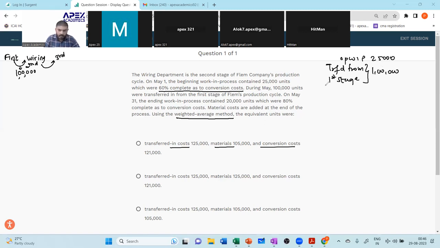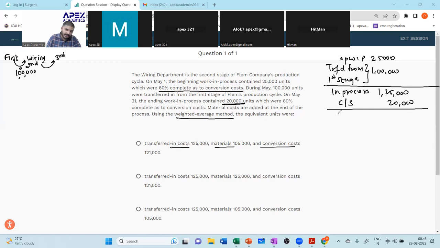So, how many units are in process at the moment? One lakh 25,000. What is the closing stock? 20,000 units is your closing stock.